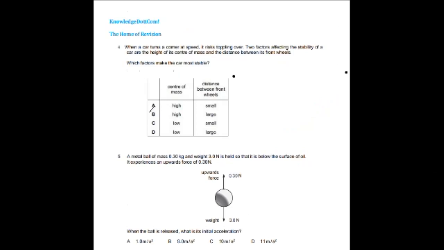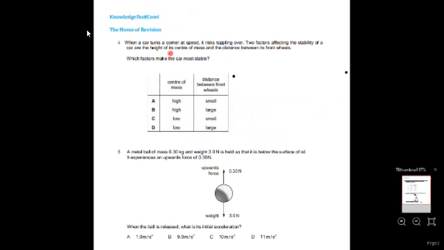In number 4 it states when a car turns a corner at speed, it risks toppling over. Two factors affecting the stability of the car are the height of the center of mass and the distance between the front wheels.